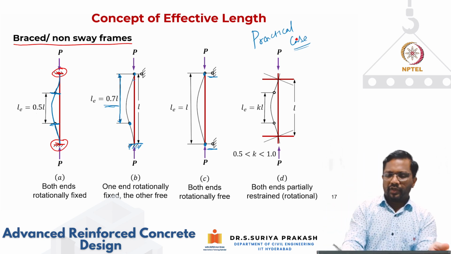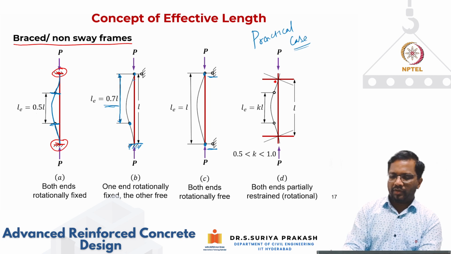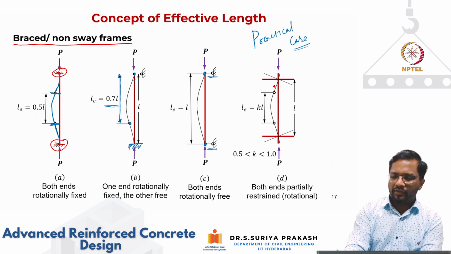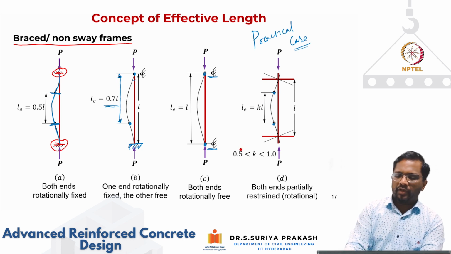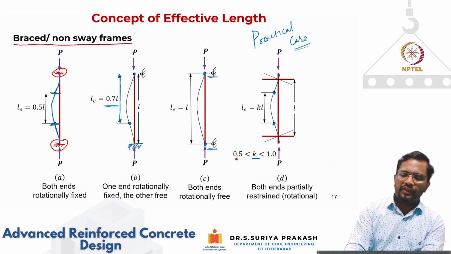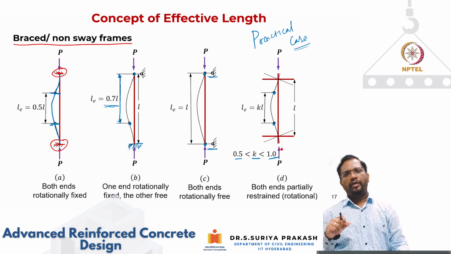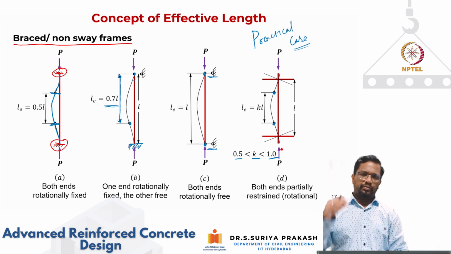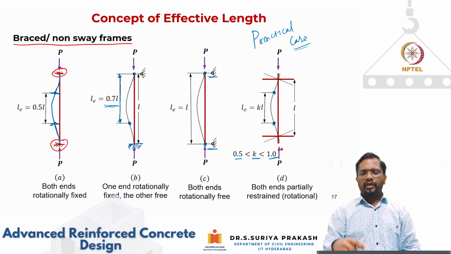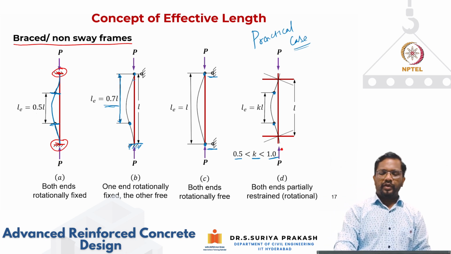The joint is going to somewhat rotate like this. So you will find that the point of inflection is going to be somewhere in between, or in other words, the K value is going to be between the fixed condition and the pin condition. So depending upon what kind of fixity you have at the top and bottom of the column, K value can be anywhere between 0.5 and 1.